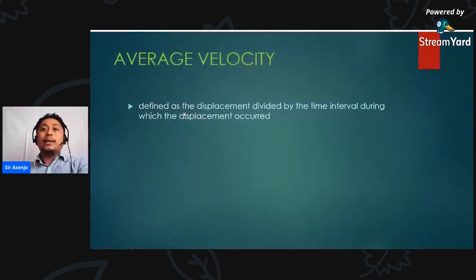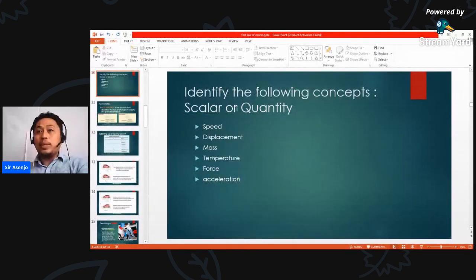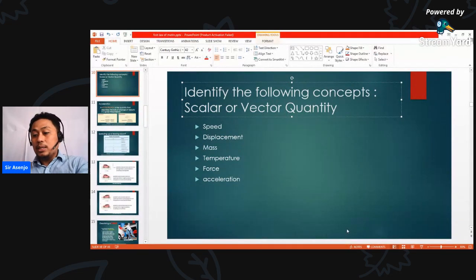Now, to check if you understand the concept of scalar and vector quantity, identify the following concepts. Check scalar or vector quantity. This will be your extra challenge. You can research on this.